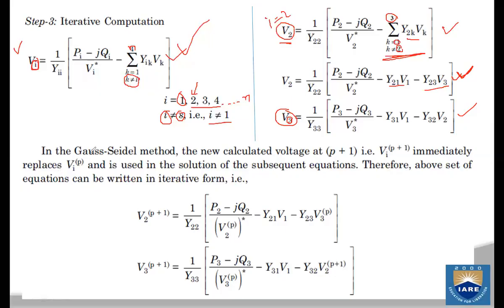In the Gauss-Seidel method, the newly calculated voltage at the (p+1)th iteration, represented as Vi(p+1), immediately replaces Vi(p) and is used in the solution of subsequent equations. Therefore, the above set of equations can be written in iteration form as below.